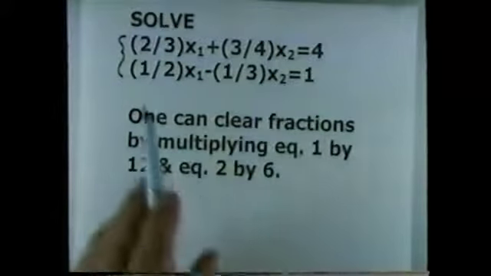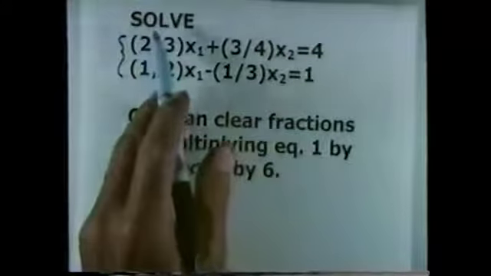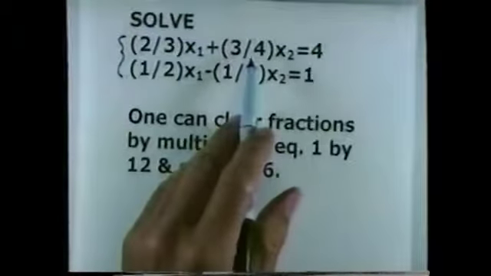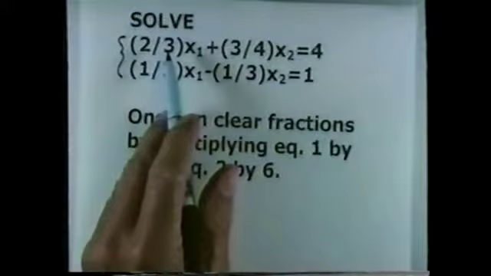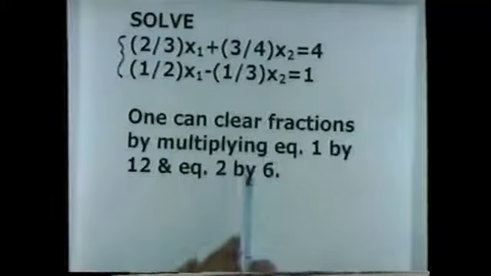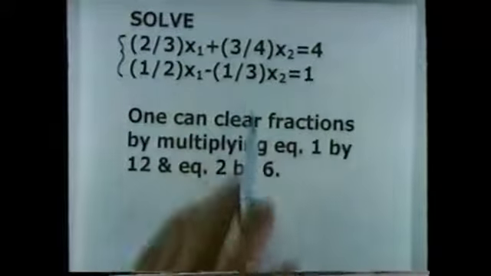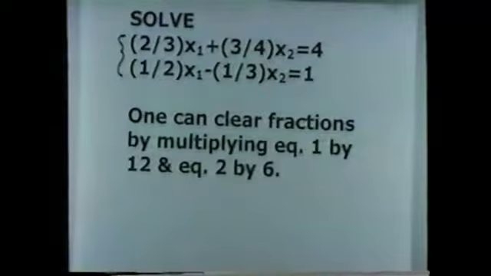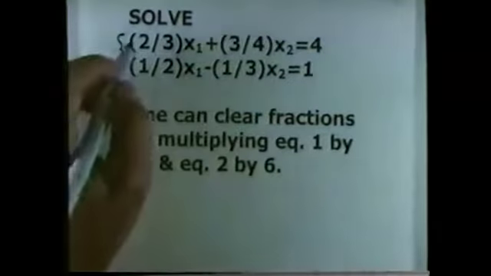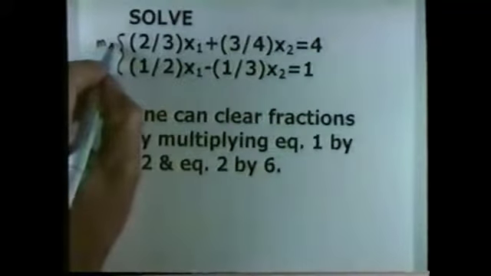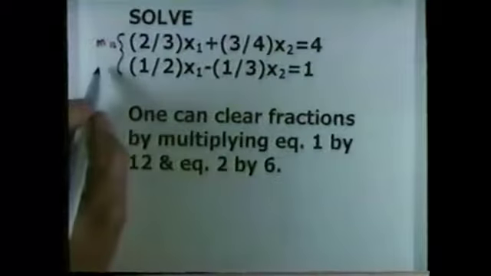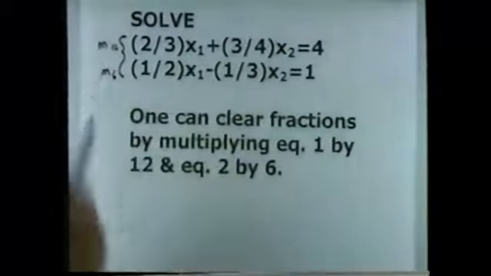Now we can clear fractions by multiplying equation 1 by 12. The common denominator between 3 and 4 is 12. And by multiplying equation 2 by 6. The common denominator between 2 and 3 is 6. So we'll multiply the top by 12 and the second by 6.